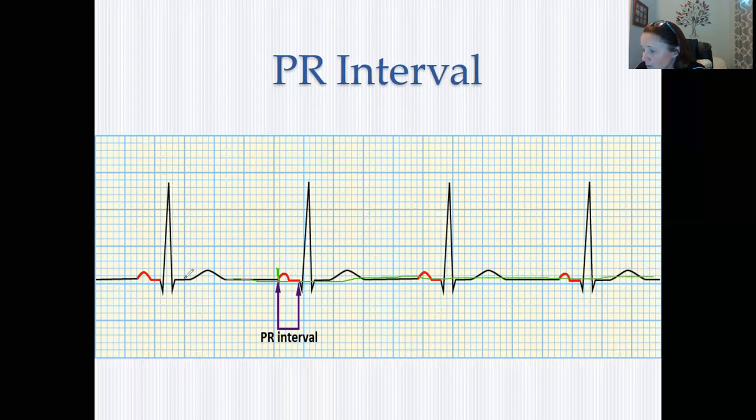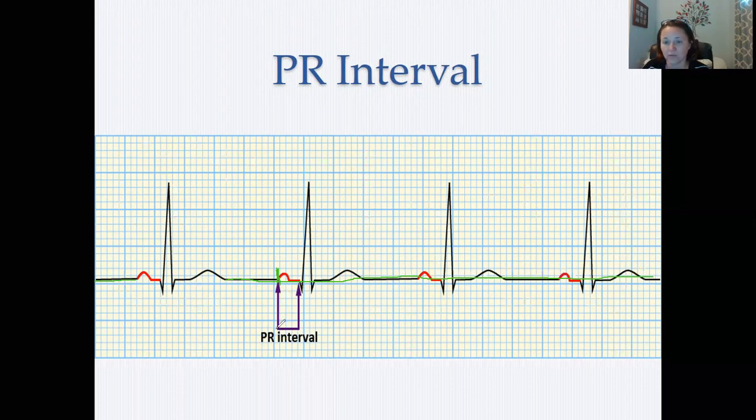It goes across here, here to here. We call this line, where everything's flat, the isoelectric line. So when you leave the isoelectric line, that is going to begin your PR interval.